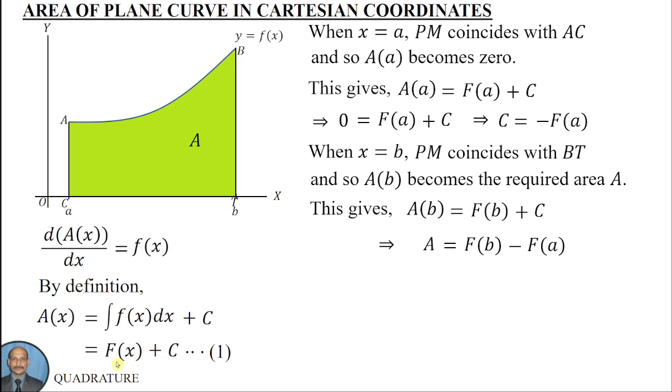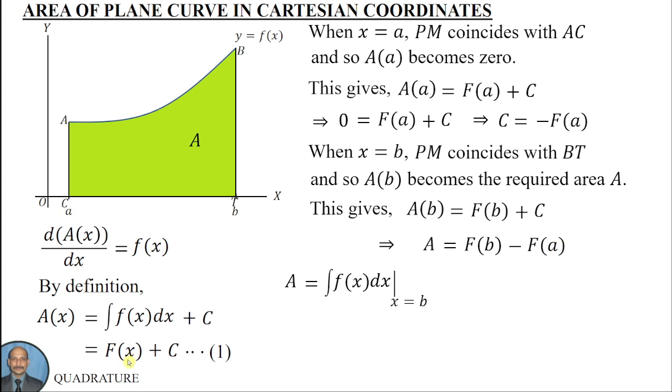Since capital F(x) is the antiderivative of small f(x), we can replace F(b) and F(a) in terms of integrals. So we can write A is equal to, now F(b) is the integral of f(x) when x is equal to b.